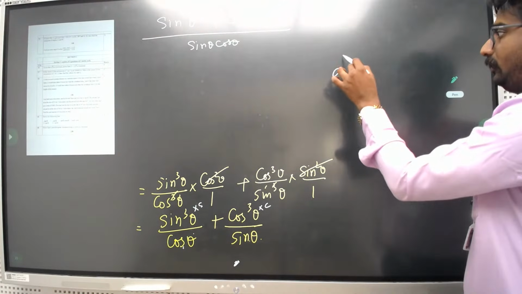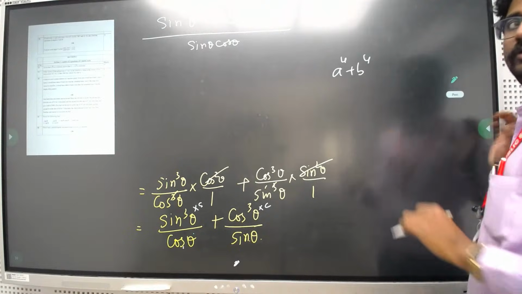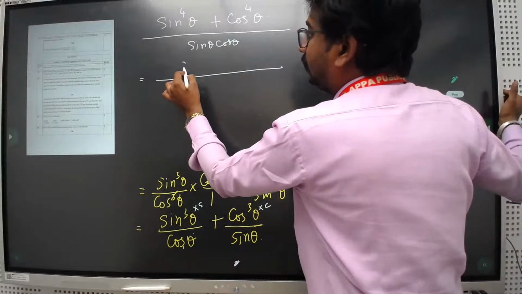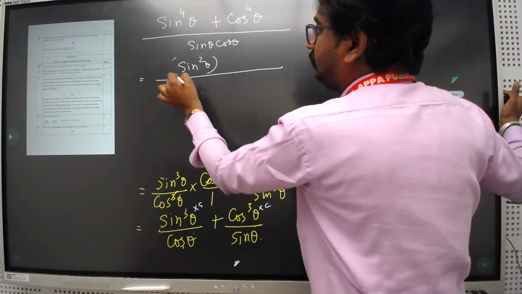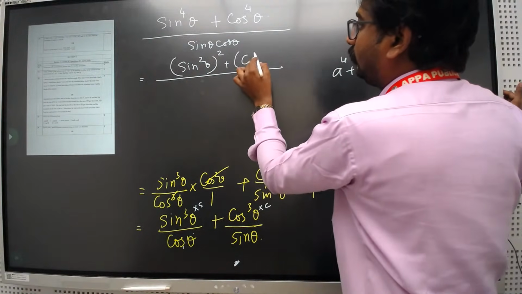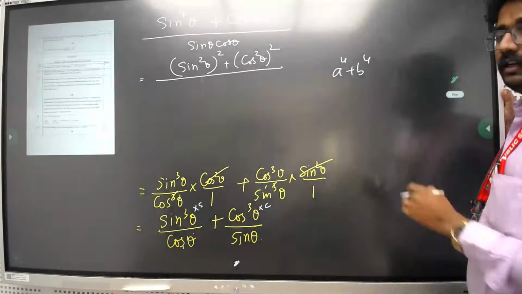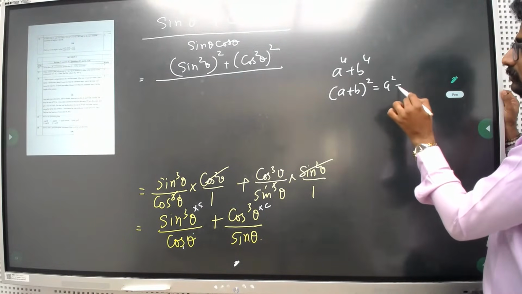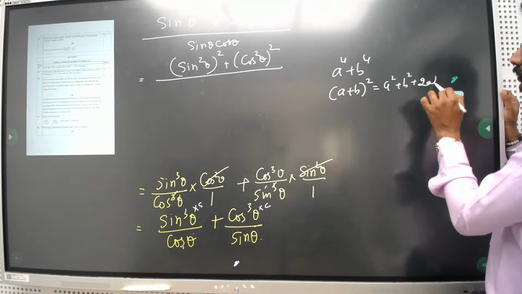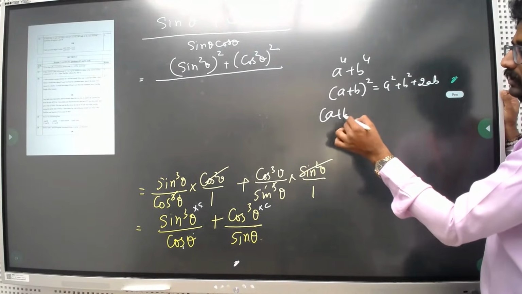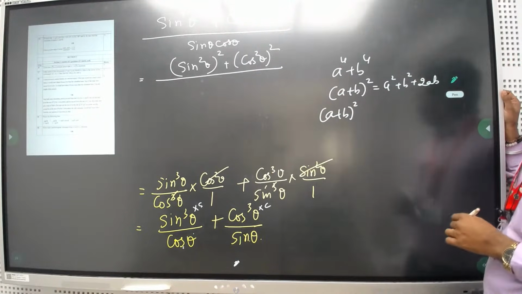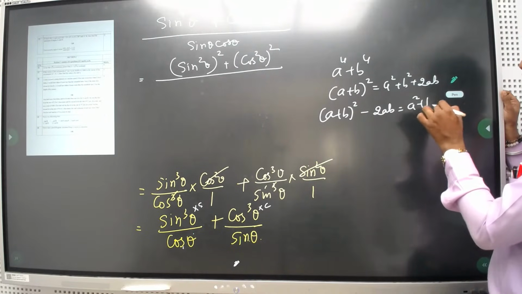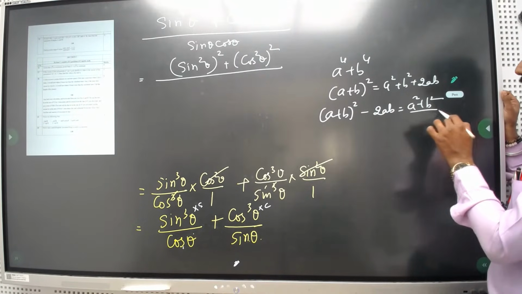There is a formula for a to the power 4 plus b to the power 4 also. But what I will do is, I will write this as sin square theta whole square plus cos square theta whole square. What is a plus b whole square? A square plus b square plus 2ab. A plus b whole square, 2ab comes to LHS, minus 2ab, which is nothing but a square plus b square.